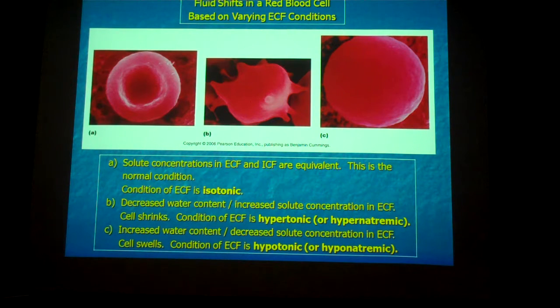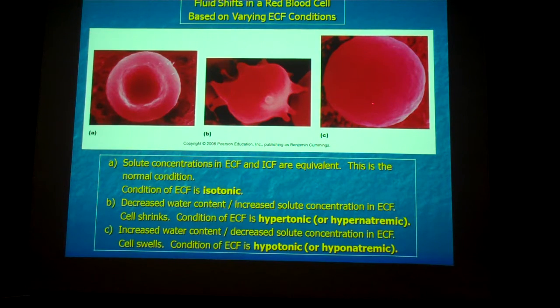All right? So the cell shrinks up. Now, we call this condition hypertonic or hypernatremic. The NATR stands for sodium ion. So hypernatremic means too many sodium ions, and so water is moving out of cells into extracellular fluid.